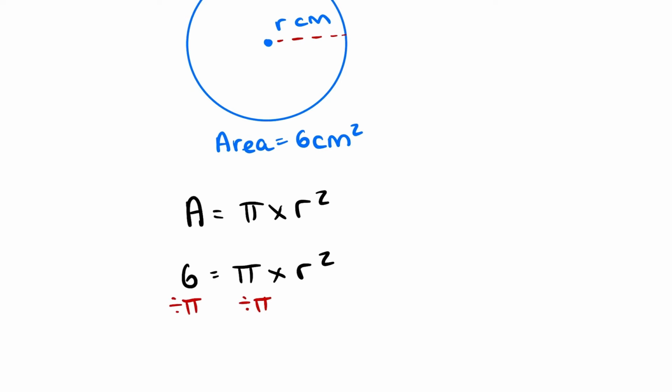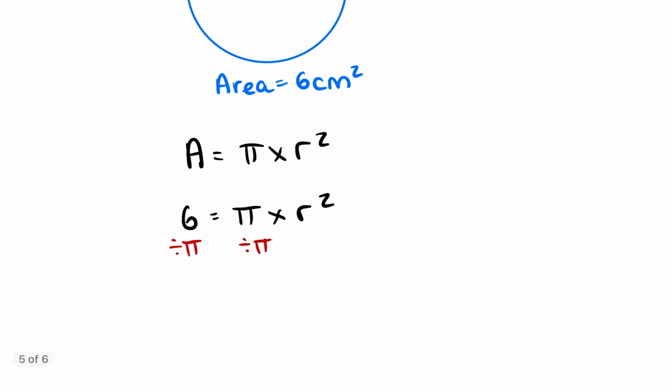So we go 6 divided by pi. This is going to get maybe a little messy, but that's okay. So now I've got 1.910, but I've got to check my rounding. I'm going to go to 3 decimal places for a start, and then I can round later. That equals r squared. Now to get rid of that squared, I'm going to square root both of our sides.